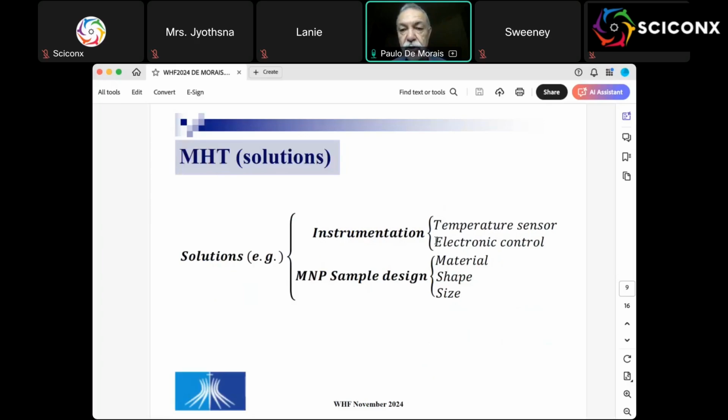And we need an electronic control to control the frequency of the AC field, the amplitude of the AC field, and the total time of application of the treatment. On the other hand, a possible solution is the magnetic nanoparticle design. So we can play with the phase of the material, with the shape and size of the nanomaterial.